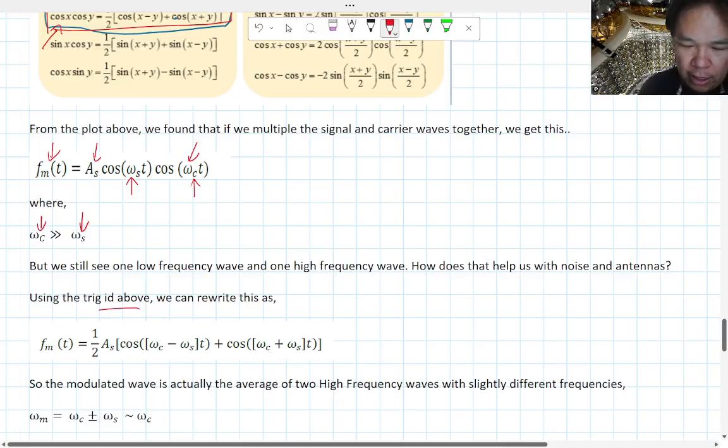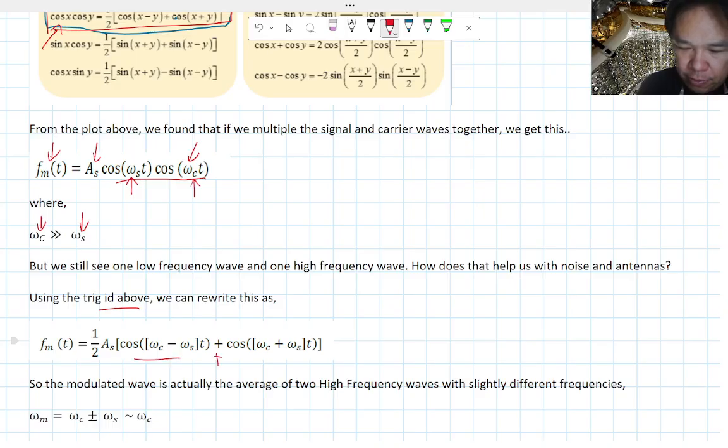If you use the trig identity above, the product of two cosine functions is actually the sum of two cosine functions, where the first one is the cosine of the difference between the two frequencies, in this case the carrier minus the signal.